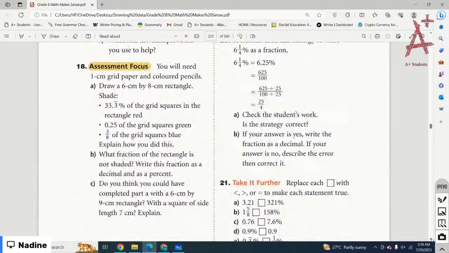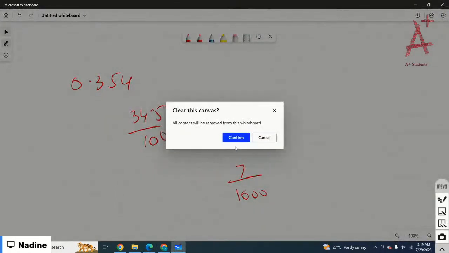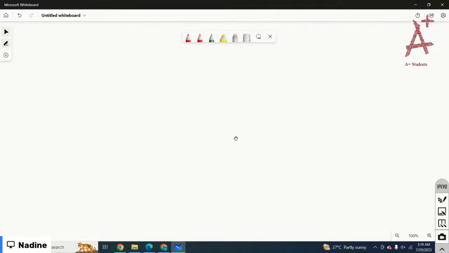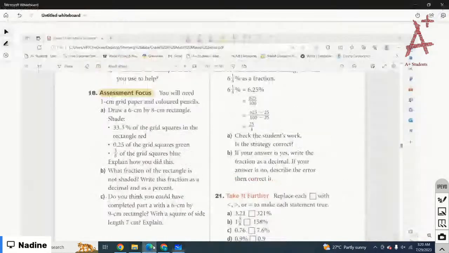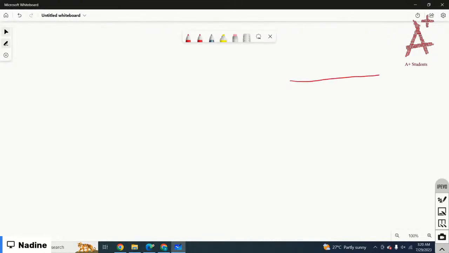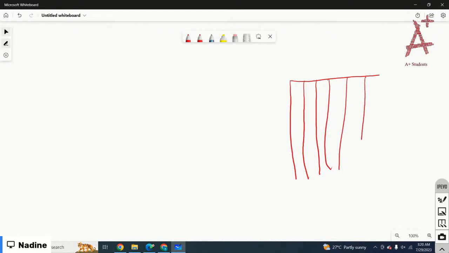Okay, you can see 8 by 6. That means draw a 6 centimeter by 8 centimeter rectangle. Okay, 1, 2, 3, 4, 5, 6.